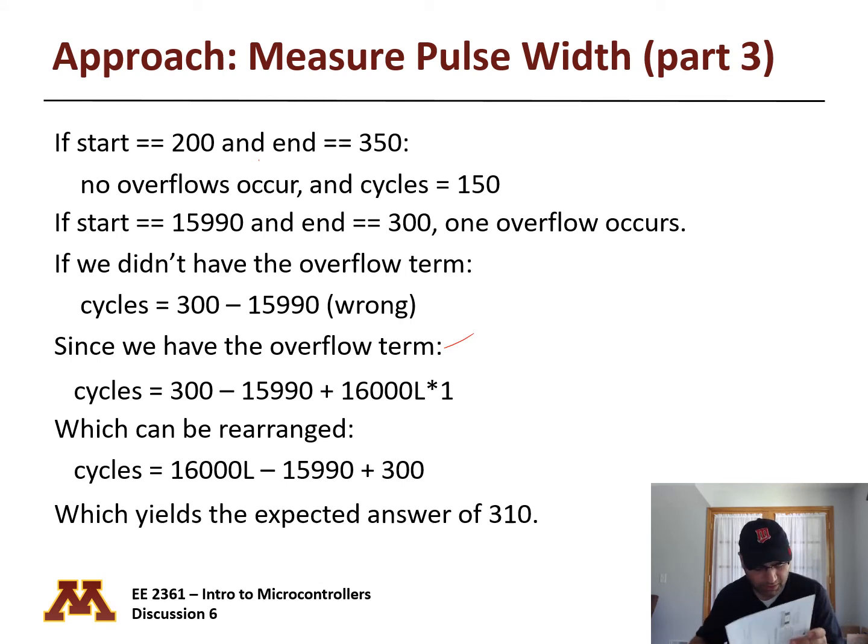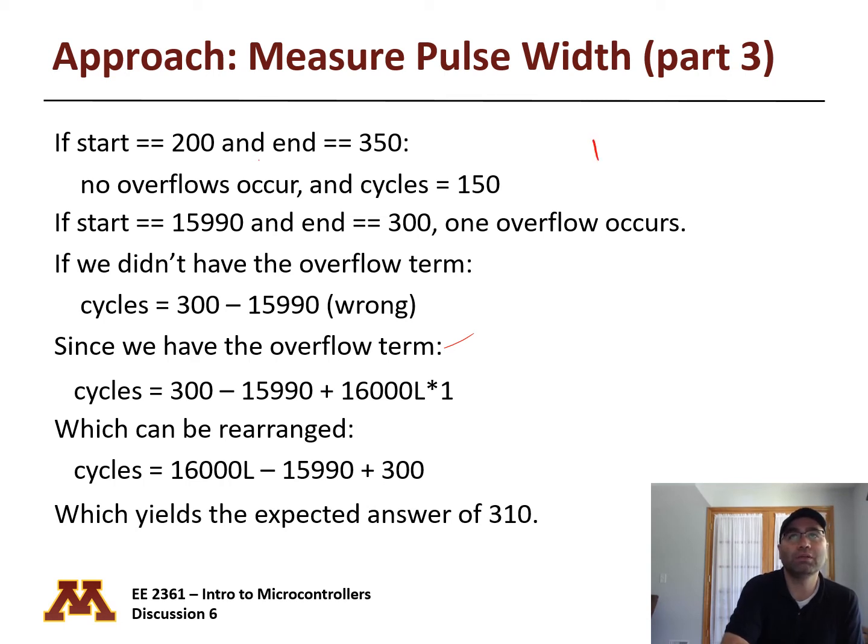It was 15,999, right? So there's no overflow, and the cycle is obviously 150 here.